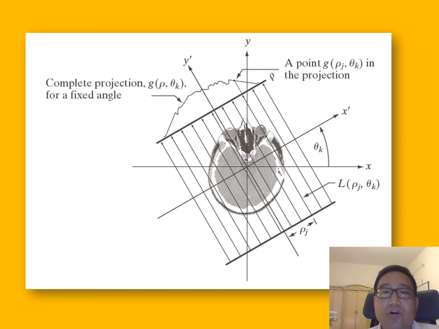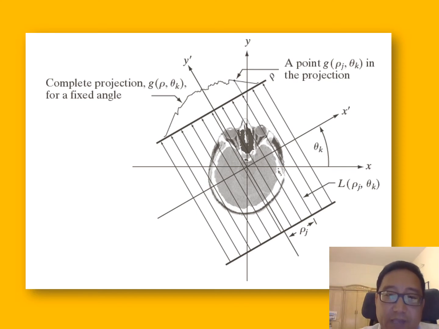So we have to get a little bit of geometry. I know this is a calculus class, but you do need geometry to solve some real world problems. In this case, let's say you have a brain slice, you're looking at it, and you shine a parallel beam at this angle theta.